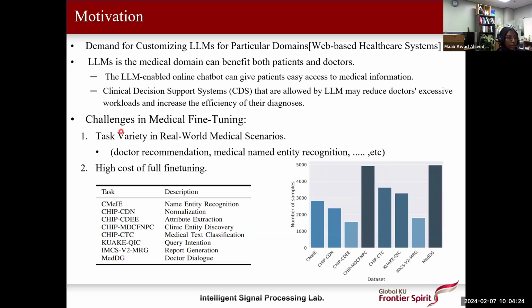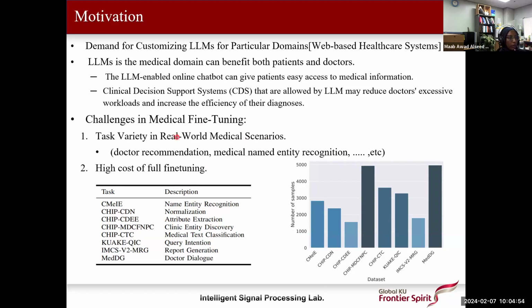We have a lot of medical tasks we need to apply with different scenarios in the real world. It could be, as we said, a chatbot application, or a doctor recommendation system, or medical named entity recognition, a lot of different medical tasks.